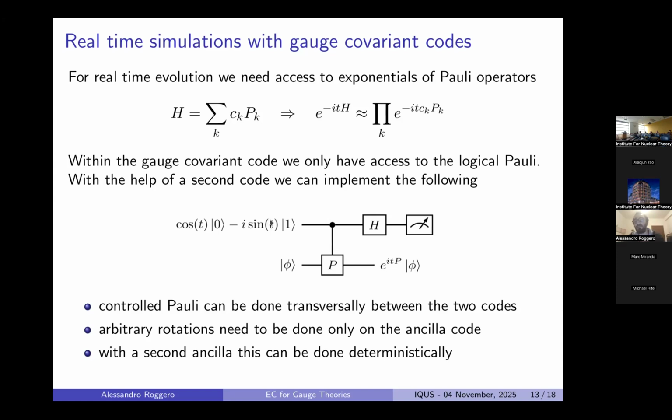We use it to control Pauli operations on our system. And by controlling the superposition of states that we have over here, we can actually perform time evolution of Gauss gauge invariant operations, which are all the ones that are entering in the Hamiltonian, in a fault tolerant way. So the idea is that the code you develop using Gauss law is very nice to store physical information.